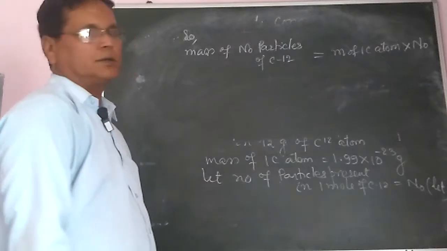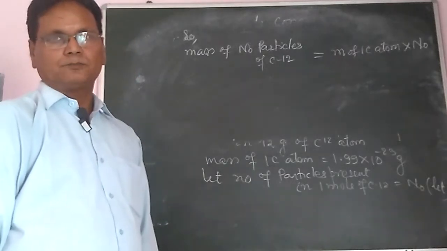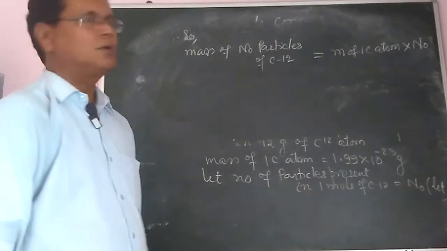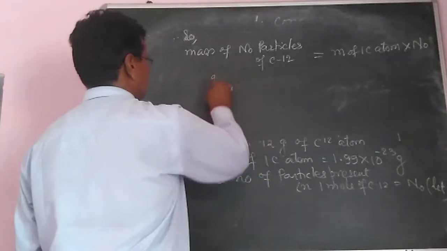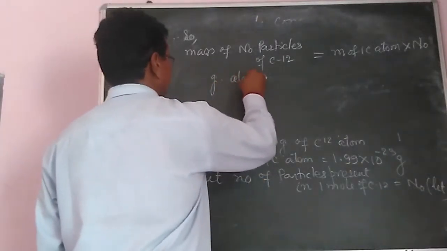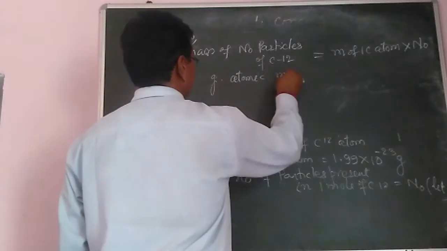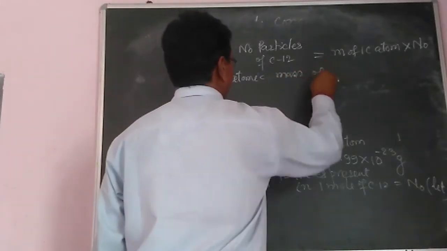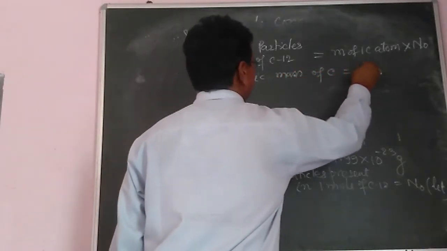And we know the gram atomic mass of carbon is equal to 12 gram.